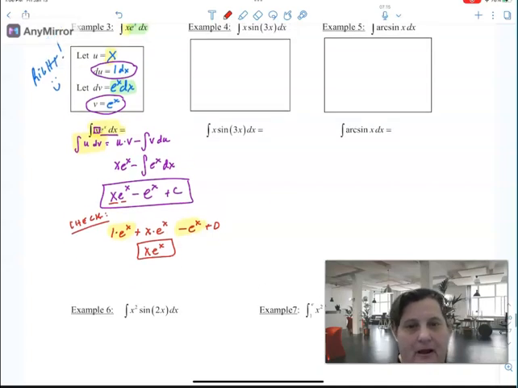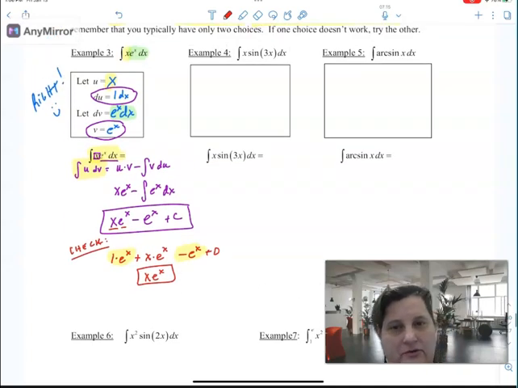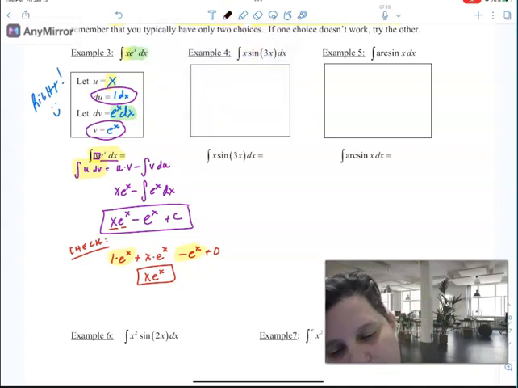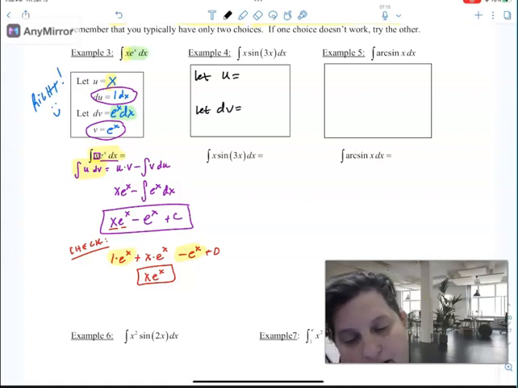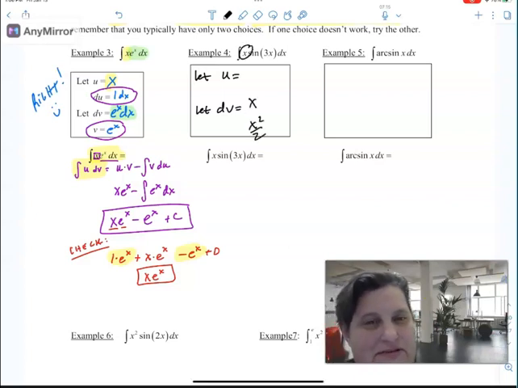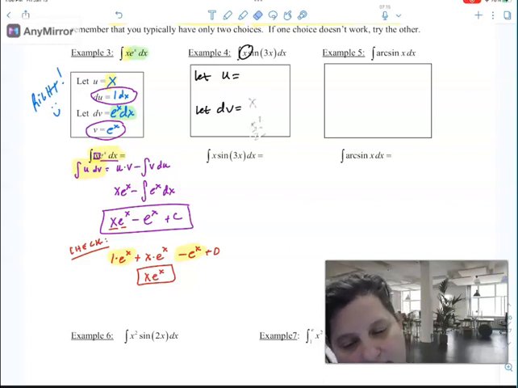Let's do some more integration by parts. When you write it down, we're going to pick the u and the dv. So I'm going to say, let u equal, and let dv equal. It's not always going to go in order. If I pick x for my dv and I get x squared over 2, that's not good.